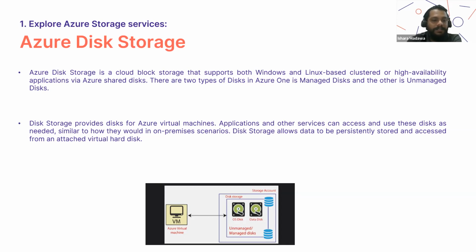This storage provides disks for Azure virtual machines, and applications and other services can access these disks as needed, similar to how they would in on-premises scenarios. This storage allows data to be persistently stored and accessed from an attached virtual hard disk.